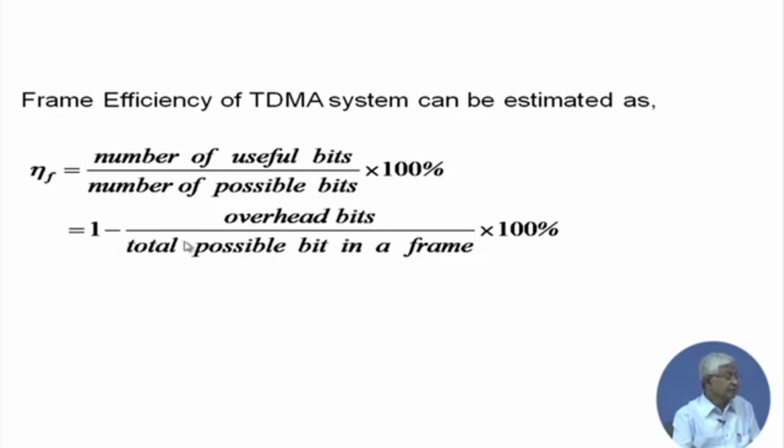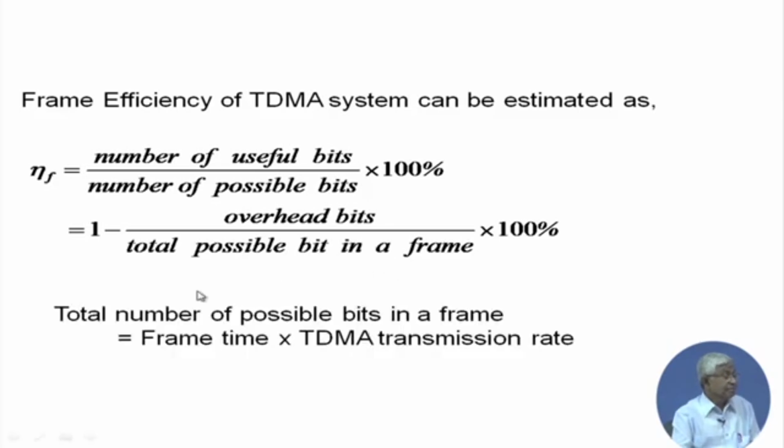So, it can be expressed as 1 minus overhead bits of the total possible bits in a frame. Total number of possible bits in a frame is frame time and the TDMA transmission rate. So, if total frame time is known and the TDMA transmission rate is known, then you can find the total number of possible bits, that is the denominator.